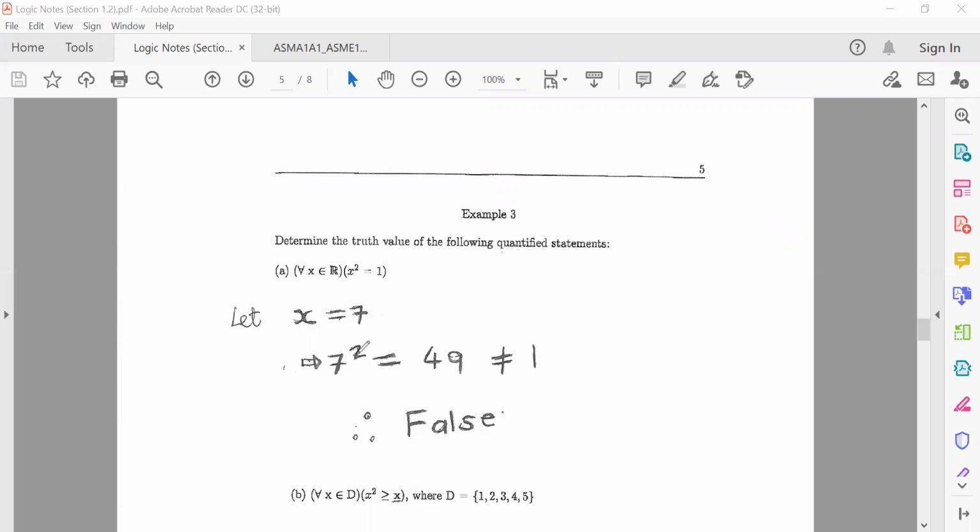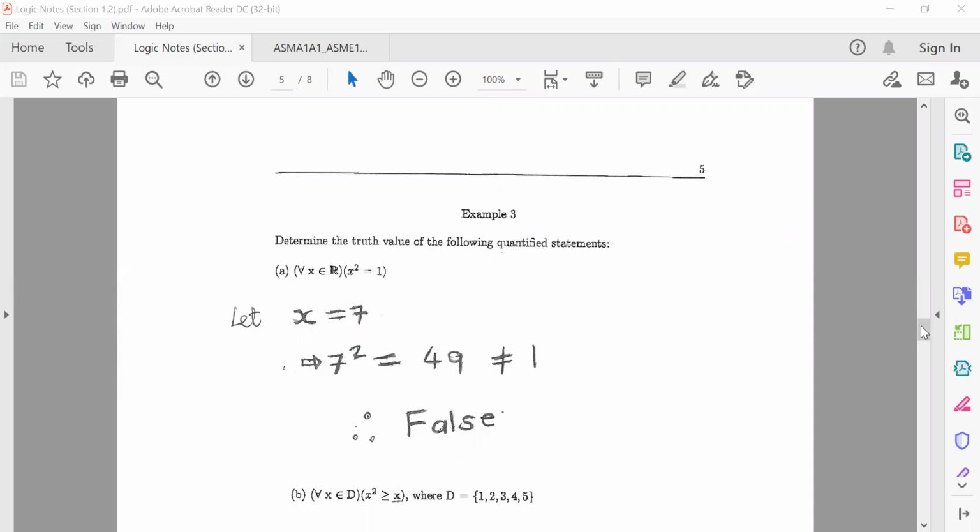So in this case, because we know it's false, I just choose 7. You can choose 5 or 4 or 2, any number. You notice it doesn't work because 49 is not equal to 1. Right.